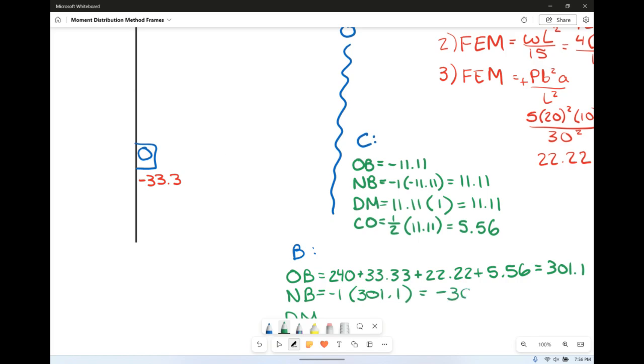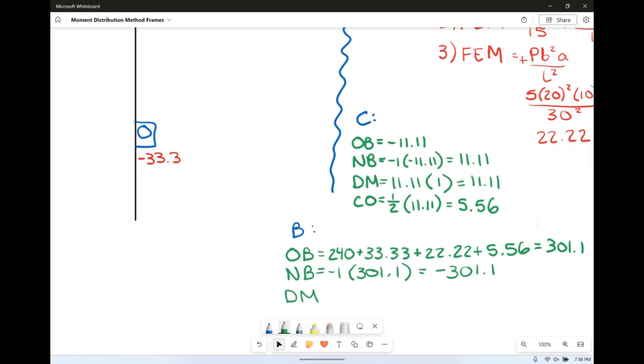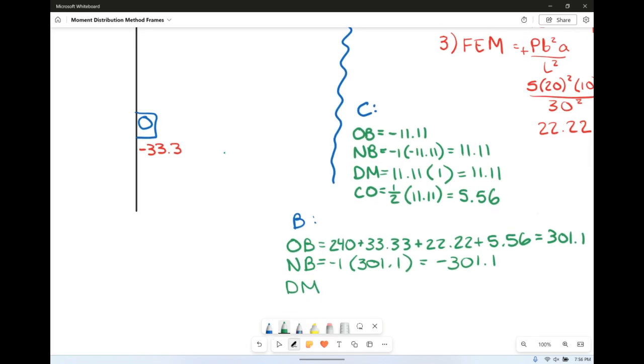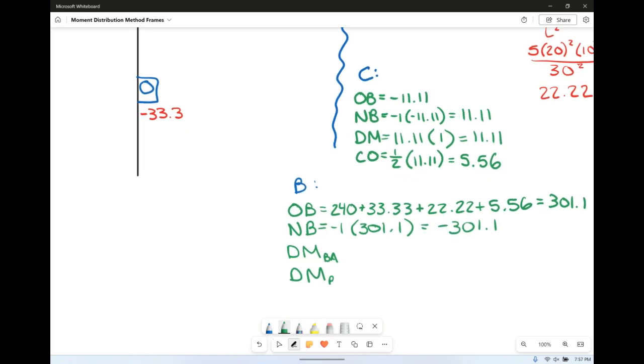Our new balance is going to be negative 1 times 301.1. So negative 301.1. Our distributed moments, we're going to have multiple, right? Because we have the BA side, the distributed moment for the BC side, and the distributed moment for the BD side of things.